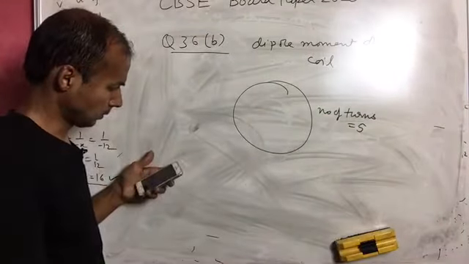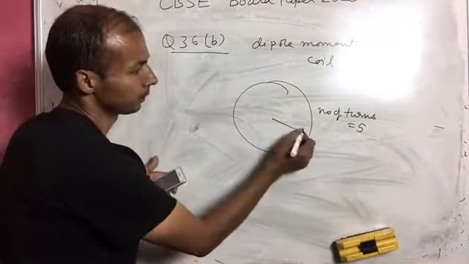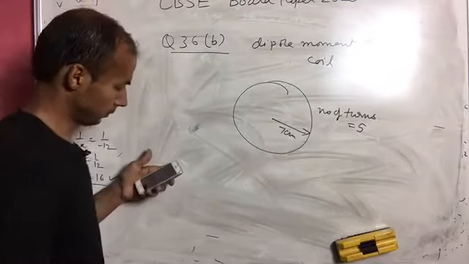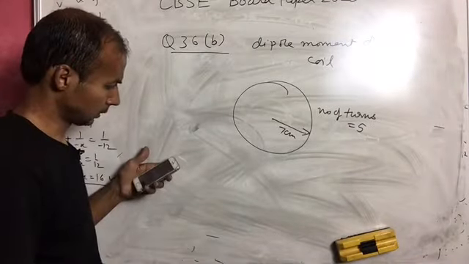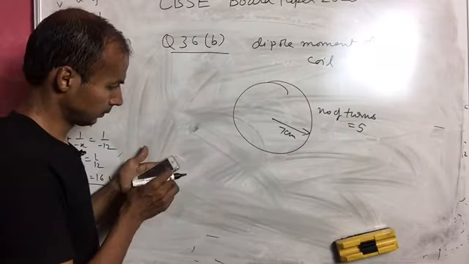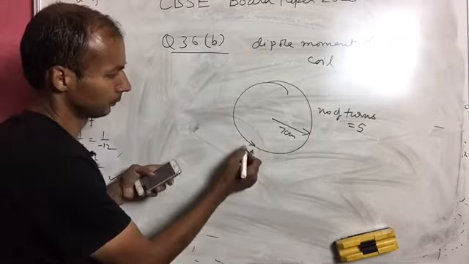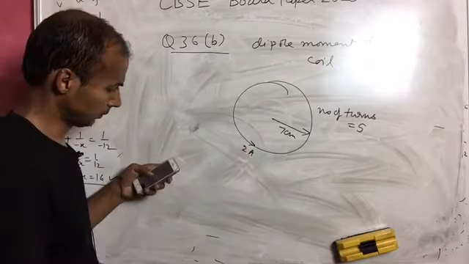Okay, the coil has a radius of 7 centimeter. The coil has a current flowing in it of 2 ampere. Okay.